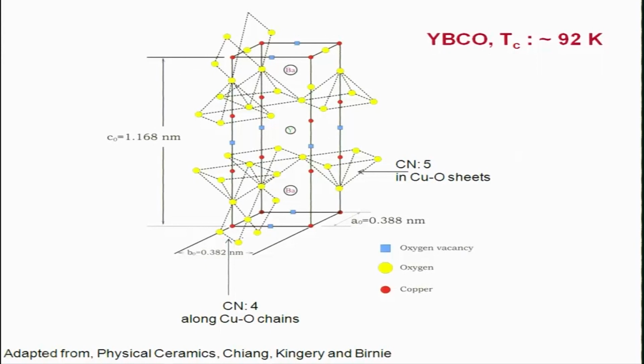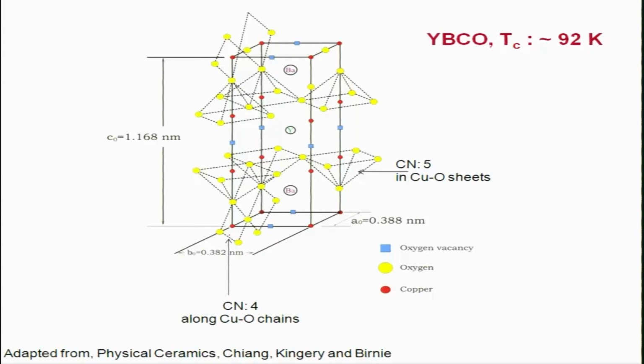Here, because you have oxygens missing on this side as well as on this side, the copper is surrounded by now 4 oxygen atoms. So, you have 4-fold coordination, and 5-fold coordination instead of the typical 6-fold coordination as you would have in perovskites, and it is along these Cu chains that the superconductivity prevails. So, superconductivity is along those directions.